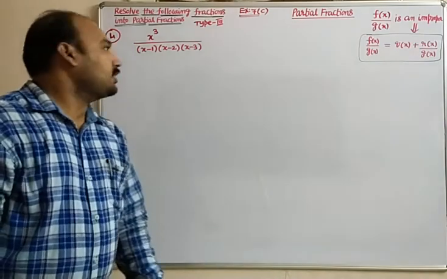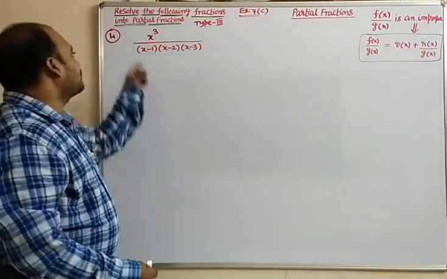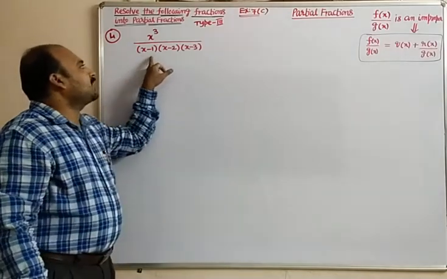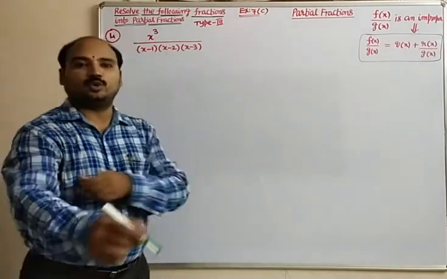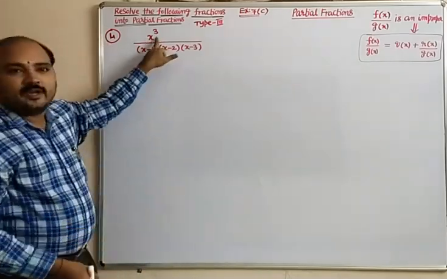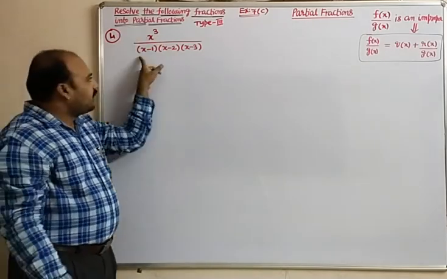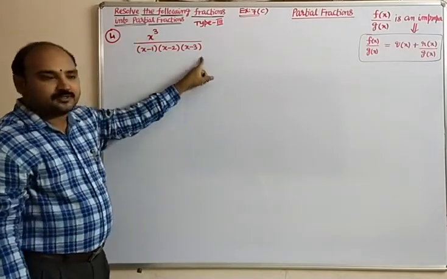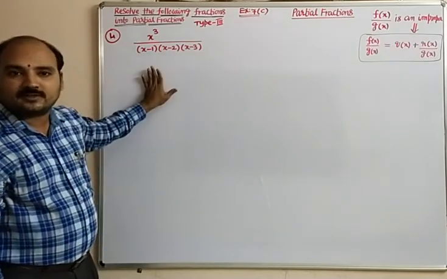The next question, which is a very important question: x cube divided by (x minus 1)(x minus 2)(x minus 3). How to do that? See here, the degree of numerator is 3 and the degree of denominator g of x, x into x into x, we got as 3.